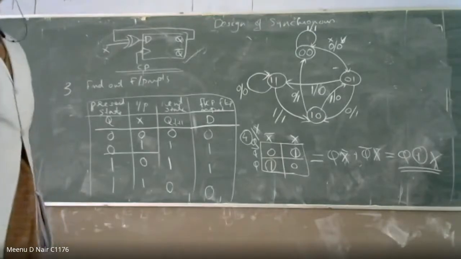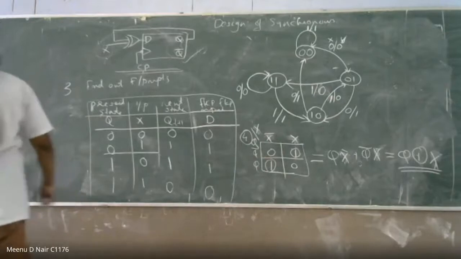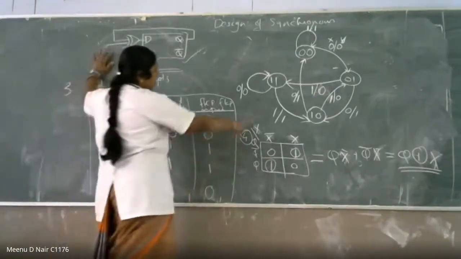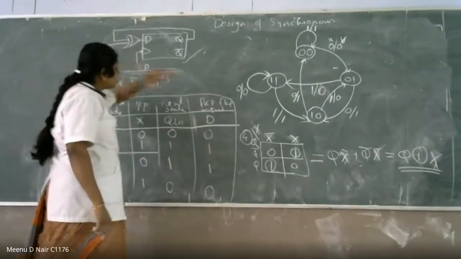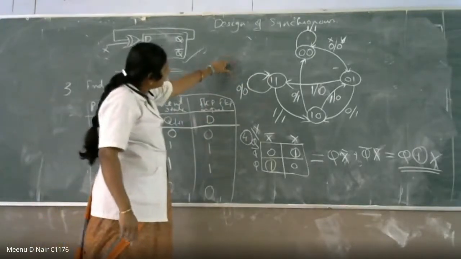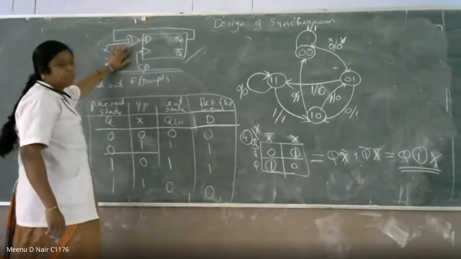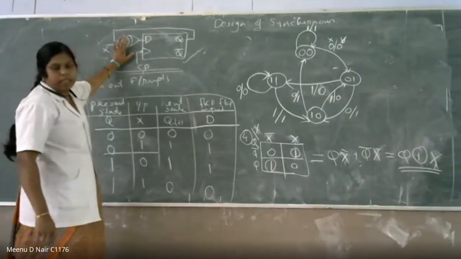Is that clear? In the analysis part, from the circuit diagram we came to the state diagram. But here, in design, you take the state diagram and come back to the circuit diagram. That is the difference.